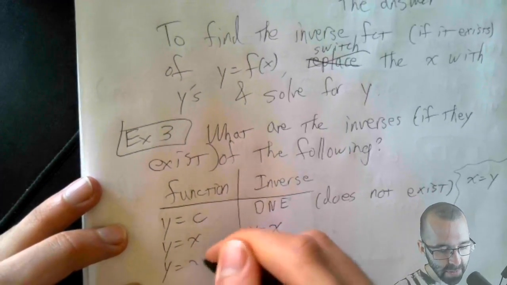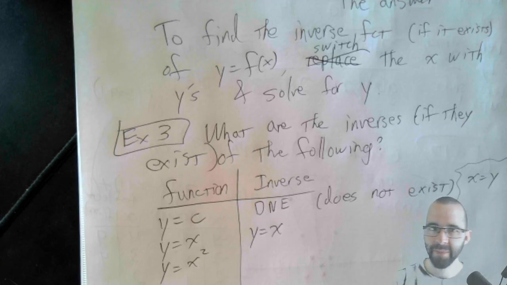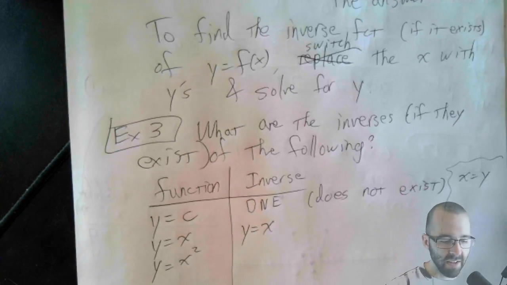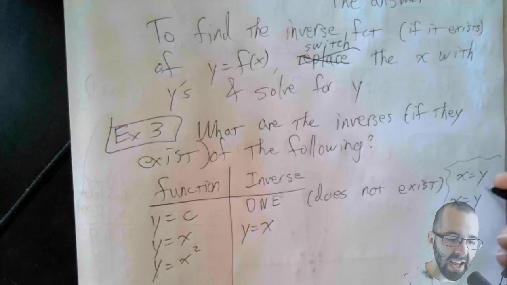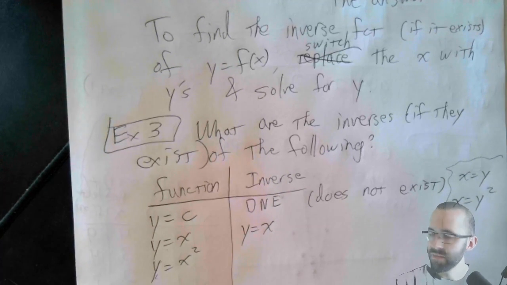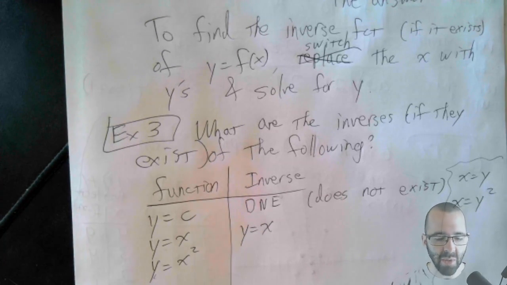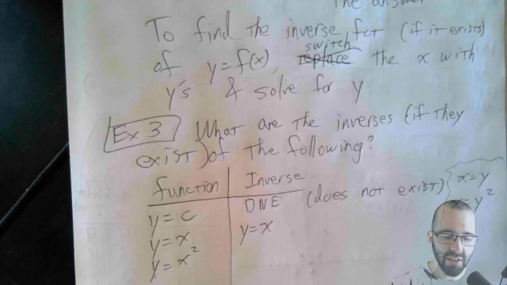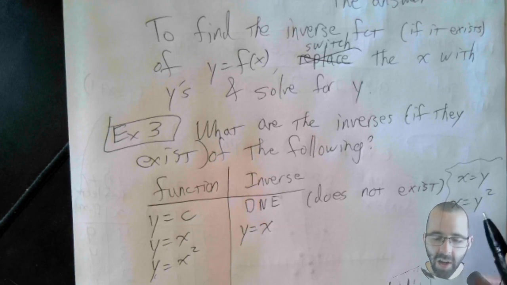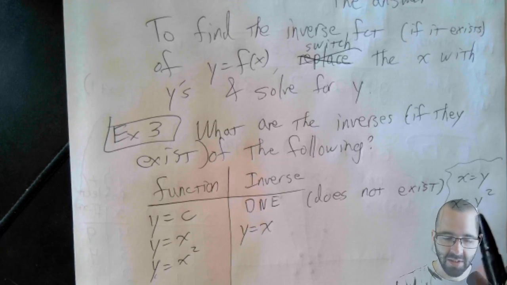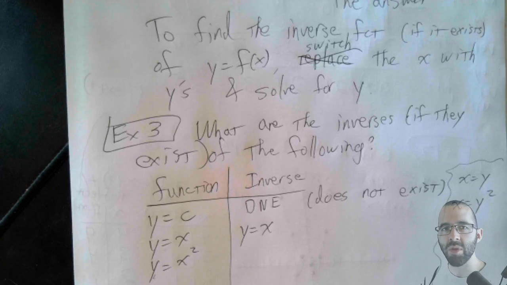Let's do some more ones. How about y equals x squared? This is a good one. Switch the x's and the y's. What do we get? We get x equals y squared. Did I say cubed? I meant squared. So switch the x's and the y's, and this is going to be our inverse function if we solve for y. But remember, we already know this is not going to be a function. Remember back to when we started talking about chapter 3.